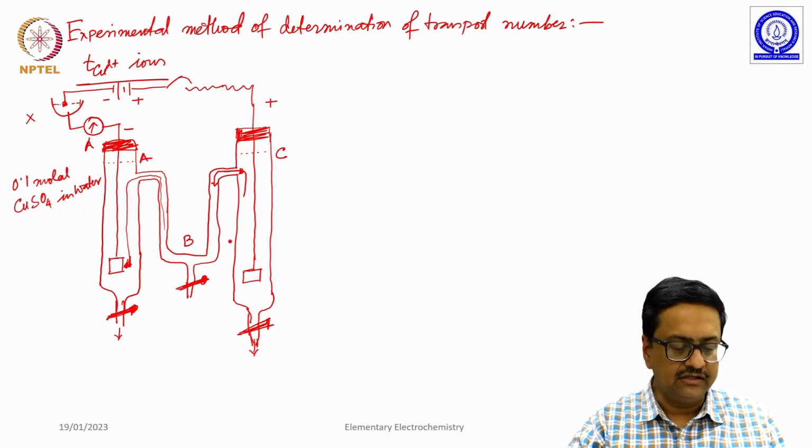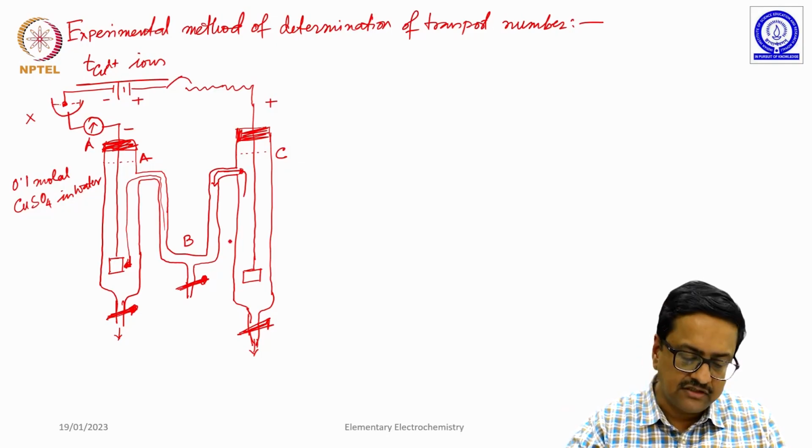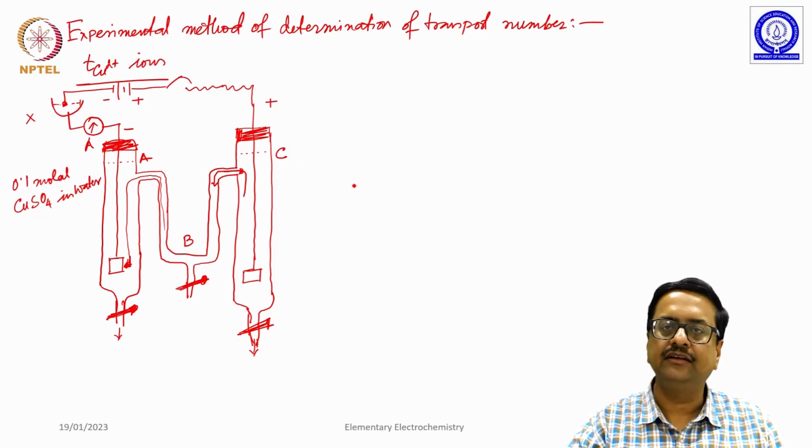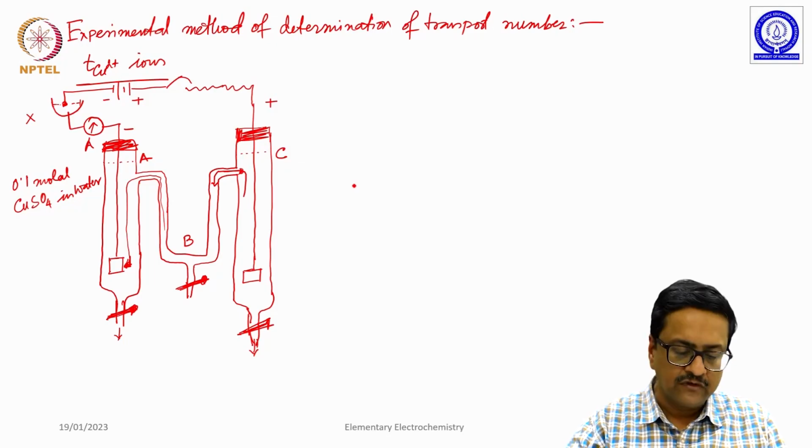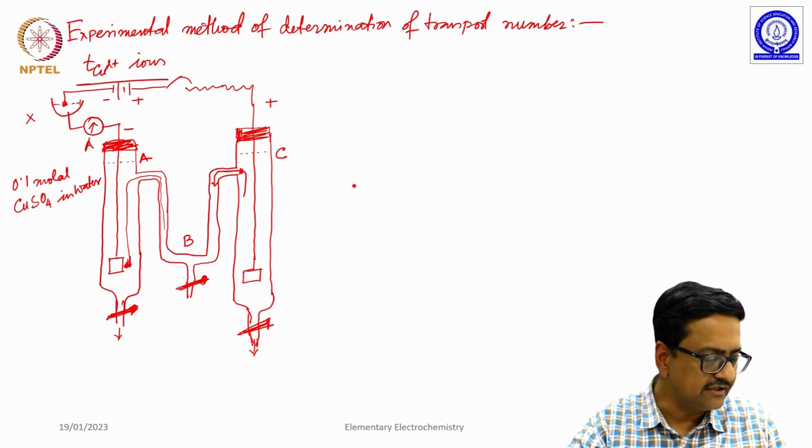In this method, we need to ensure that the copper ions do not just diffuse; copper ions only move during the passage of electricity.